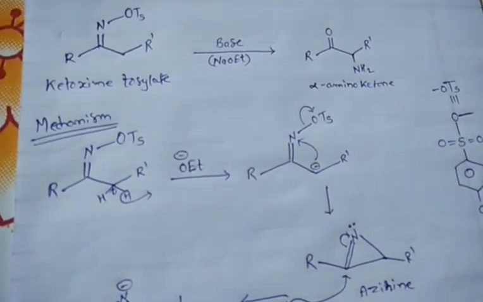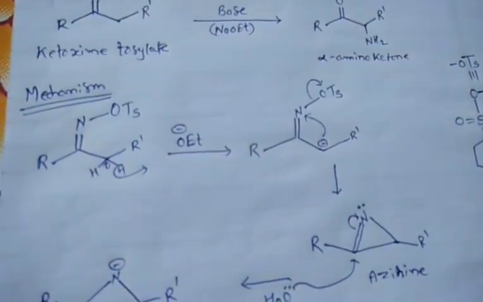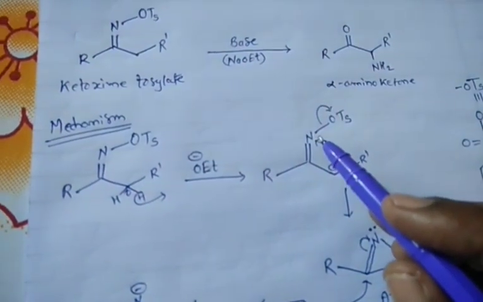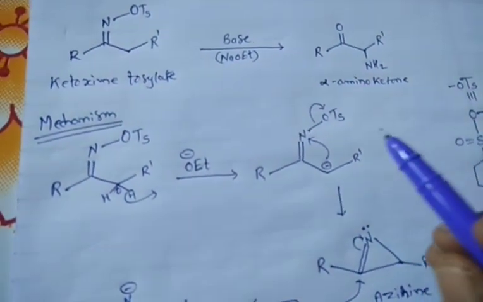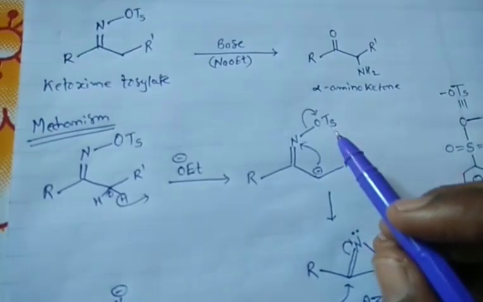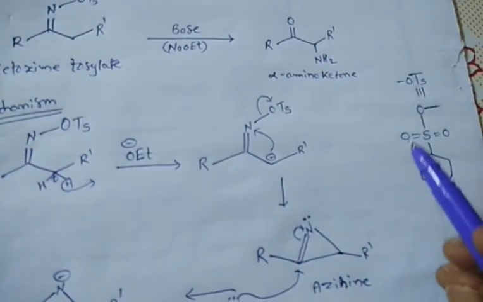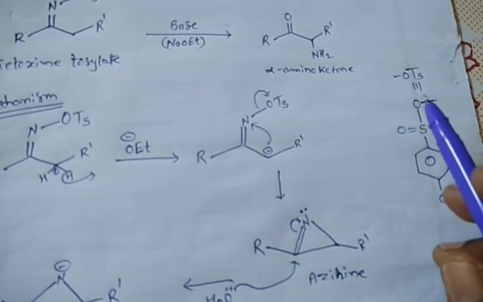Now this negative charge will attack the nitrogen. Due to that, the tosylate group, which is a bulkier one and a very good leaving group, leaves. This is the structure of OTs.